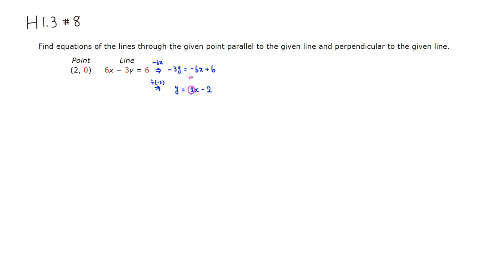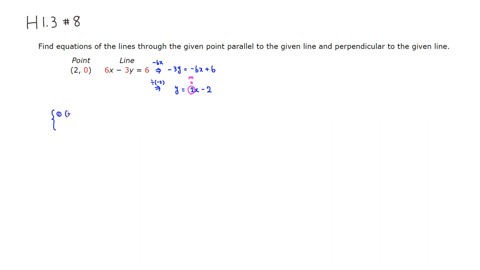All right, if you want a parallel line, then the slope has to be exactly the same as the given line, which is 2 in this case. So we have two pieces of information. First, we have a point.